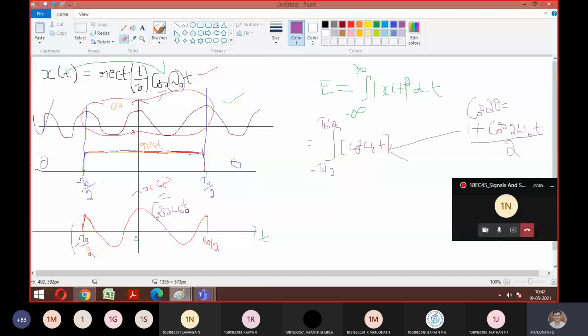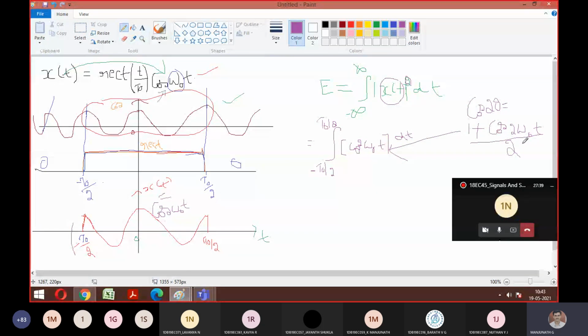If I take this cos omega naught t in place of x of t, because of this square I am going to get cos square omega naught t. Is it okay? Yes. So what is the formula we just wrote for cos square omega naught t? 1 plus cos of this divided by 2.